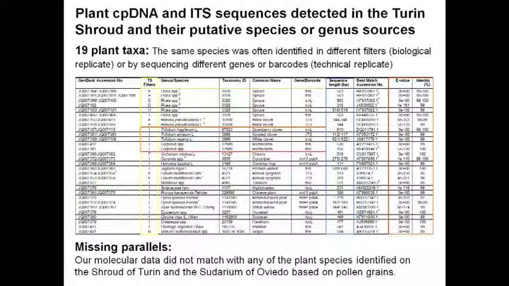About missing parallels: to the best of my knowledge, our molecular data did not match with any of the plant species identified on the Shroud of Turin and the Sudarium of Oviedo based on pollen grain analysis.